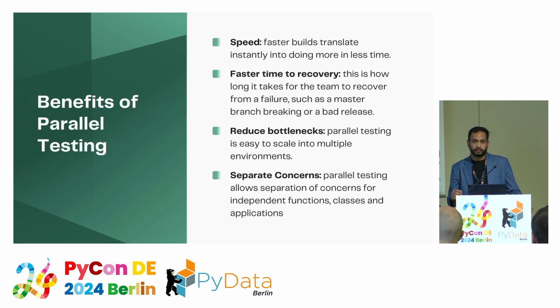It was a security vulnerability in time. So if you're doing parallel testing and saving on your timelines, this is a faster time to recovery. And of course, when you're scaling your application, you reduce your bottlenecks.